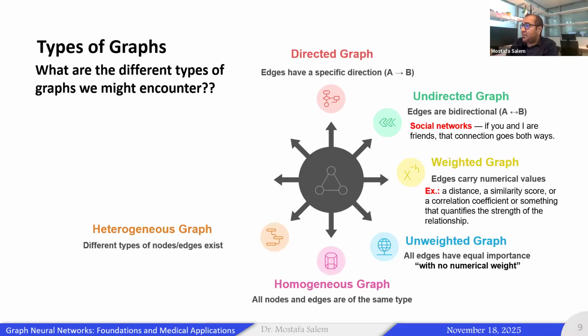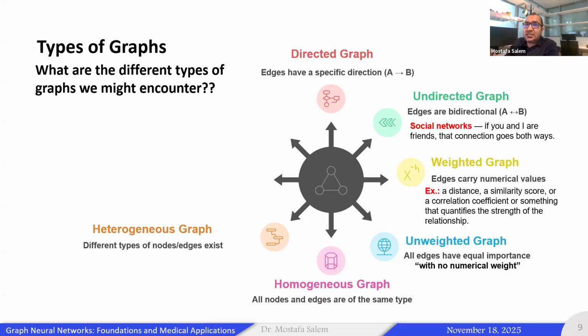The third category, the third division, is heterogeneous graph or homogeneous graph. I have homogeneous graph, in which all the nodes and edges are from the same type, and this is a very simple one. And I have also a heterogeneous graph, in which I may have different kinds of nodes and different kinds of edges.